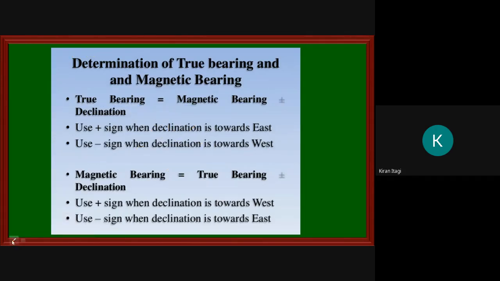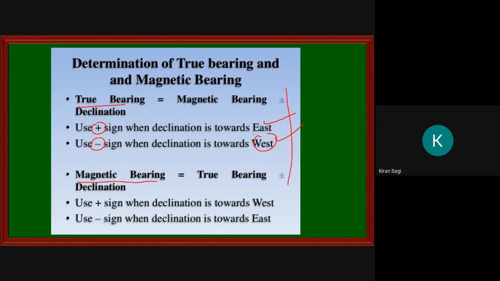So now, for true bearing, use the positive sign in the eastern direction and the negative sign in the western side. Now, to determine the magnetic bearing, you do vice versa. Just reverse it.